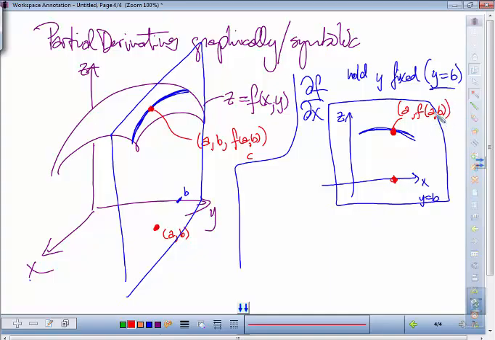Technically, I still need to put b in there. If you want, you can insert that b there, but the y value is equal to b already, so I don't think that's necessary. And what I do want to do is take a look at this from a 2-dimensional point of view, because we know everything about 2-dimensional points of view, right? Certainly find the slope of that tangent line right there.